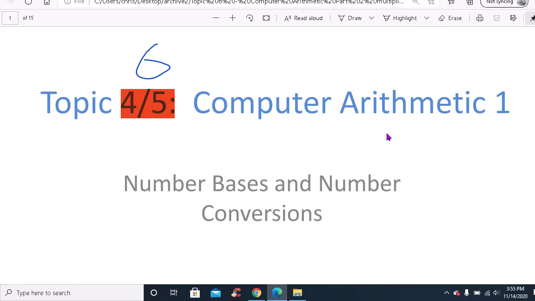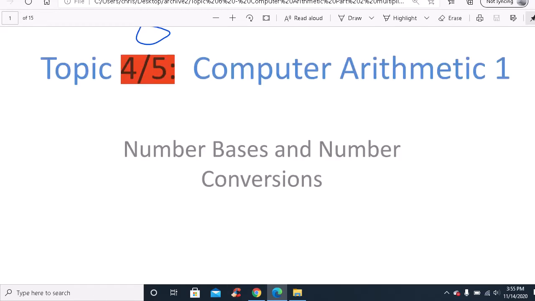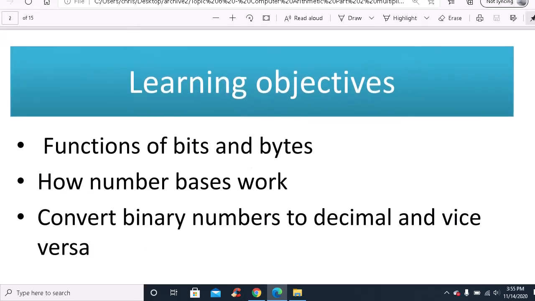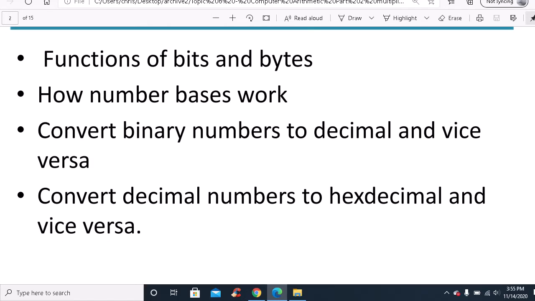But they're quite important, and one of the questions I want to ask you is, why do you think binary numbers and hexadecimal numbers are important in computer science?